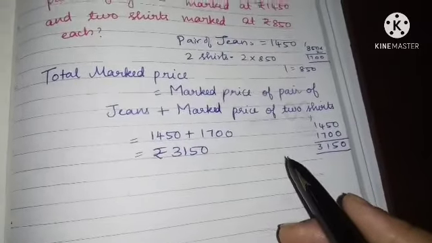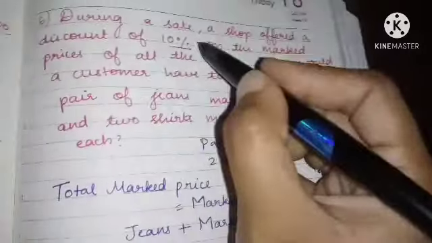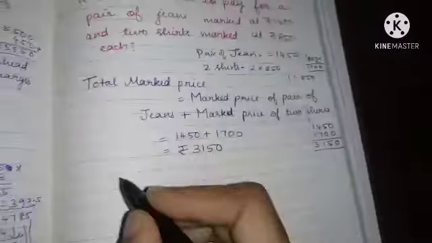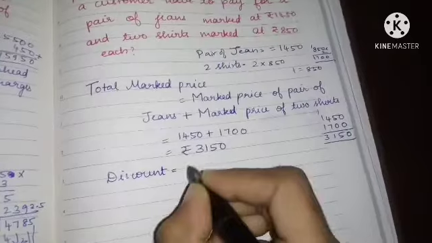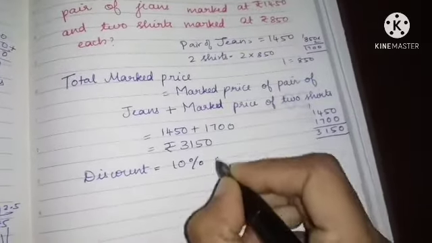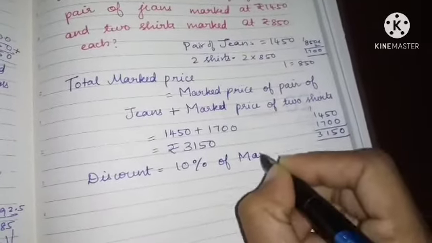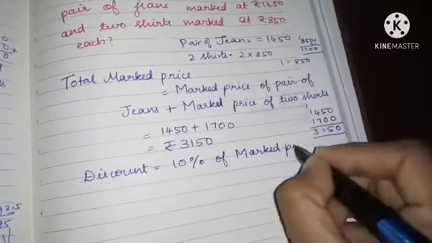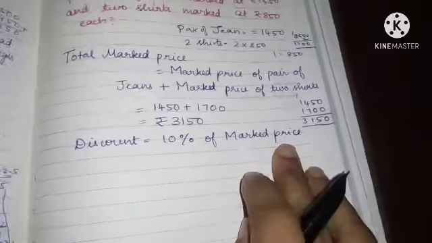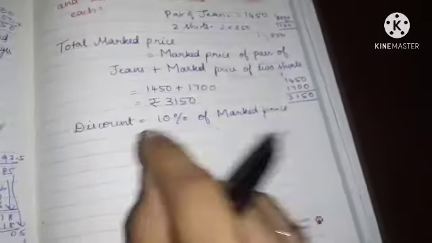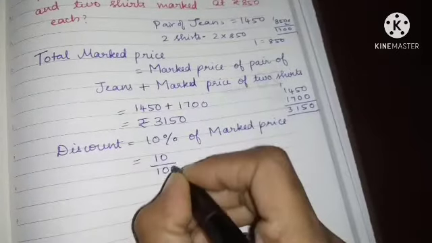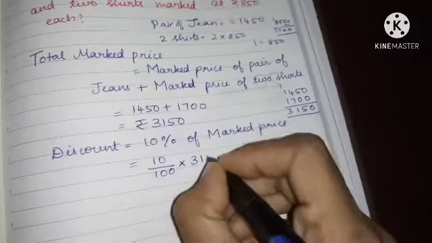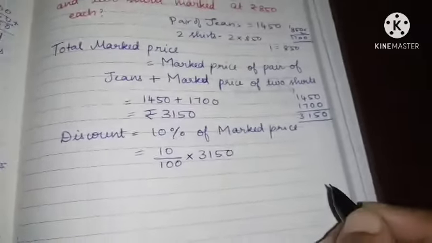Okay. Now what have they told? They are giving 10% discount. So what is the discount? Discount is 10% of the marked price. Correct? 10% of marked price will be the discount amount. So 10% means what? 10 by 100 into marked price, which is 3150.